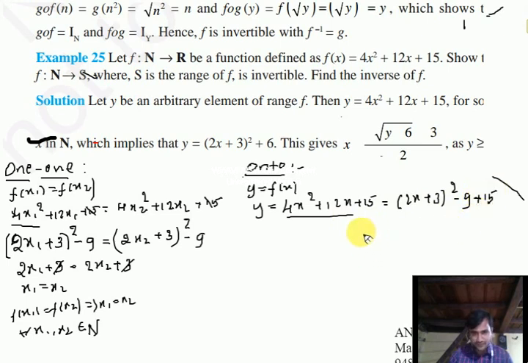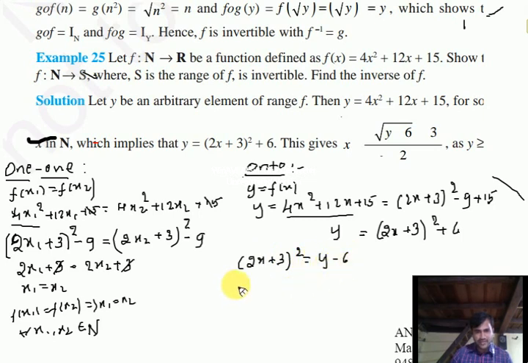So now this equals 2x plus 3 whole square plus 6. This term will be plus 6. So that we can write y equals 2x plus 3 whole square plus 6. Therefore 2x plus 3 whole square equals y minus 6.